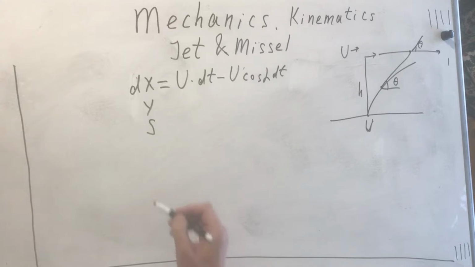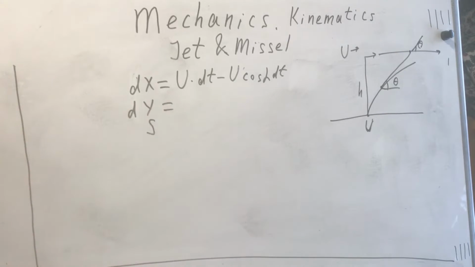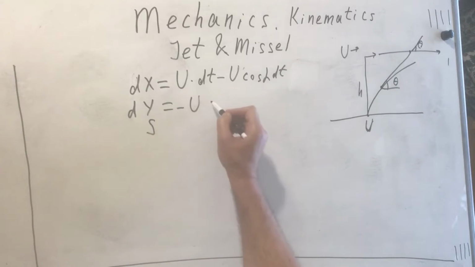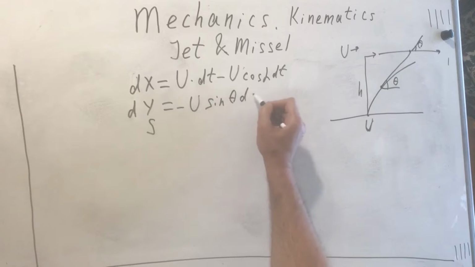Let's write the same thing for dy. That will be: the jet is not changing anything, and the missile changes by negative u multiplied by sine theta delta t.